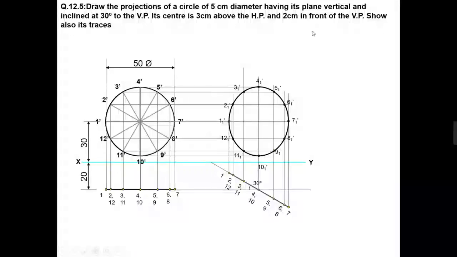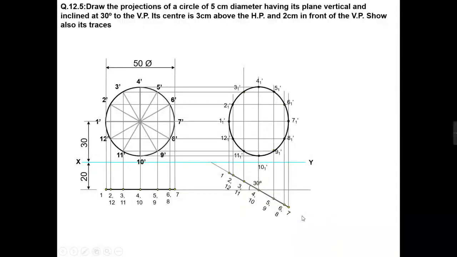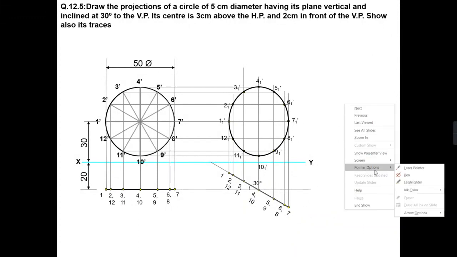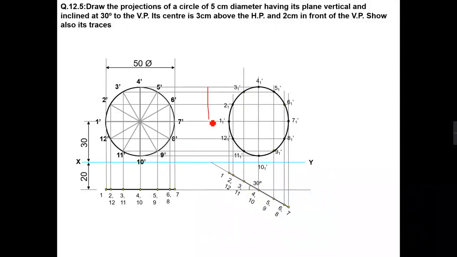You should show the traces of the circle. So here you will get the vertical trace, and this is your horizontal trace.